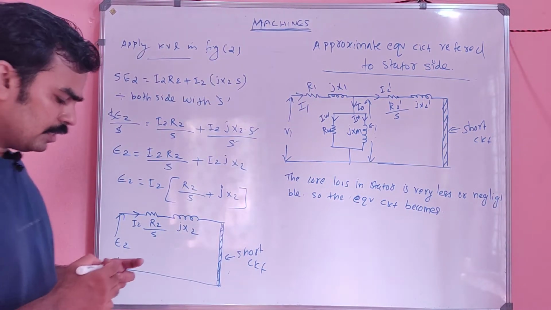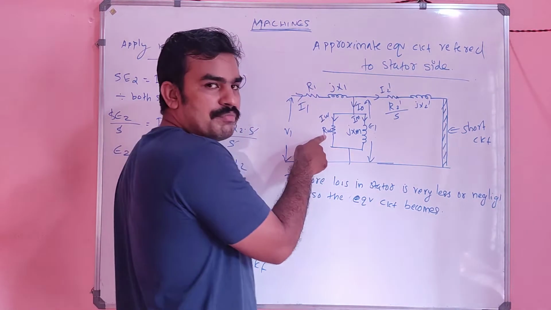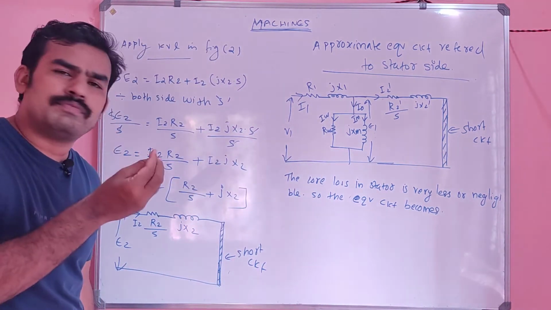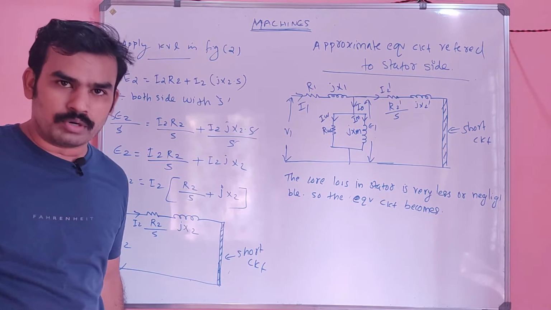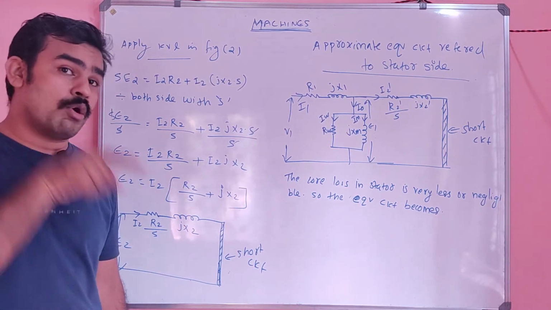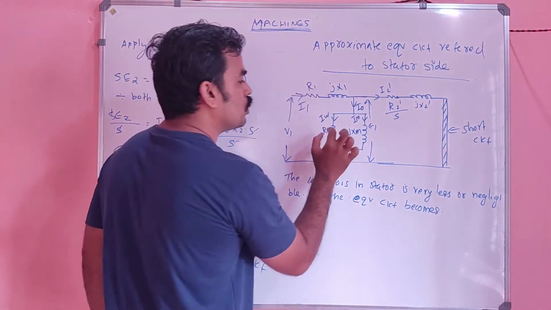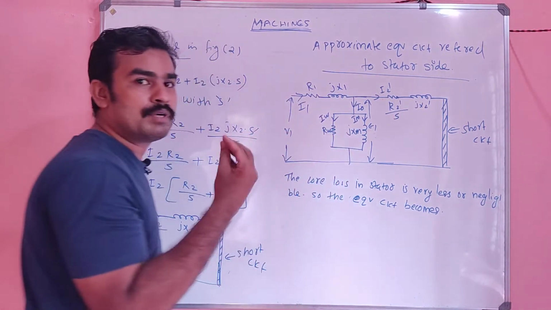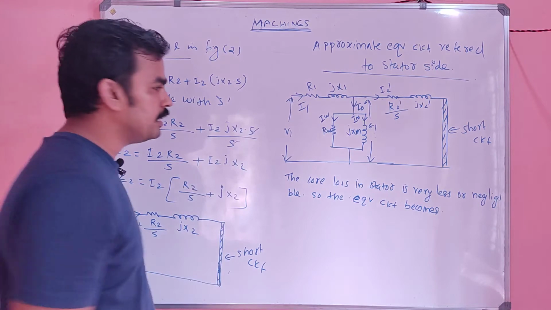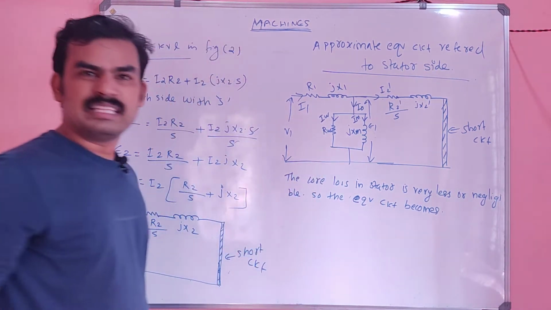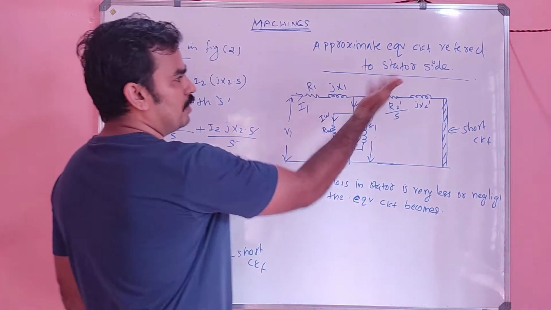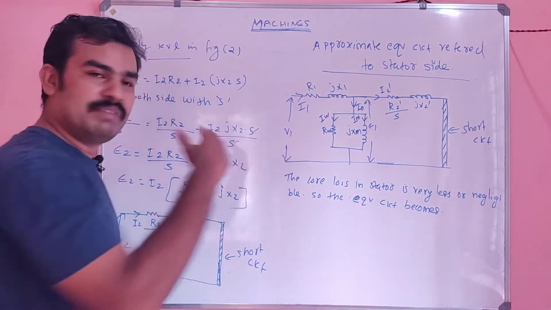See this RW is nothing but a small amount of heat generated in the core due to the core loss, not due to the copper loss. Copper loss will be due to this R1, but a small amount of core loss in the form of heat will be generated due to this RW. That is very negligible compared to R1 and R2, so that can be neglected.